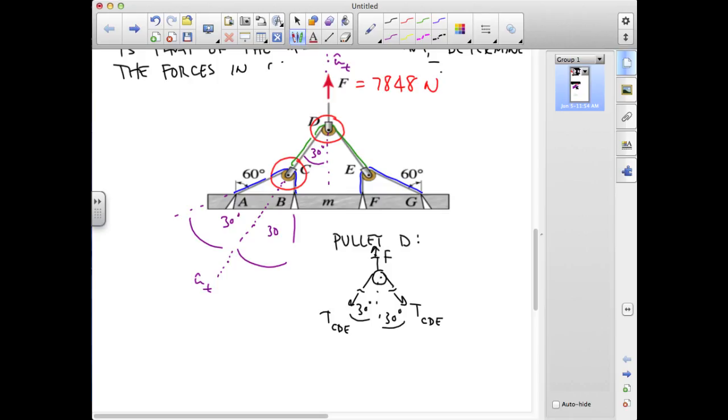Equilibrium in the normal direction is automatically satisfied, so if I look at the sum of the forces in the tangent direction equal to 0, that's simply going to give me F minus 2 times the tension in CDE cosine 30 equals 0.